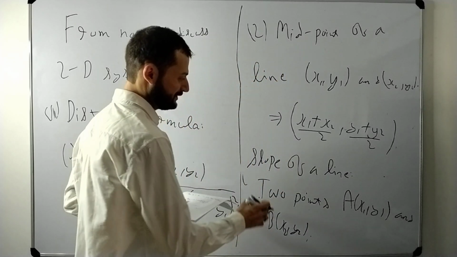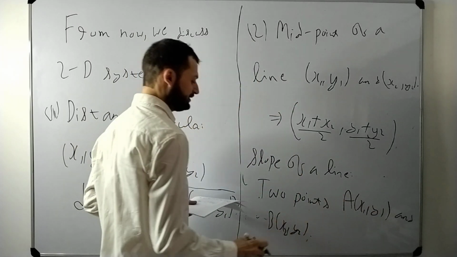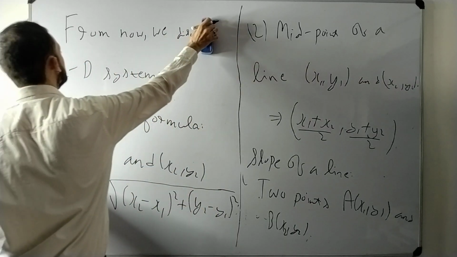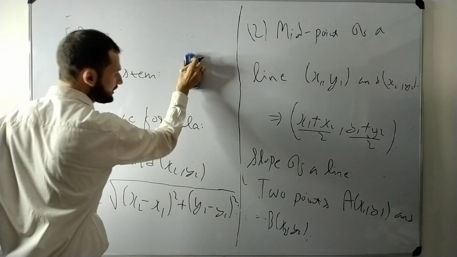So these are the 2 points of a line, and we will measure the slope now using these 2 points.